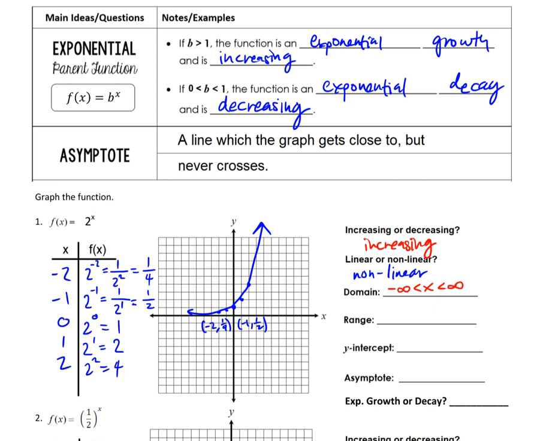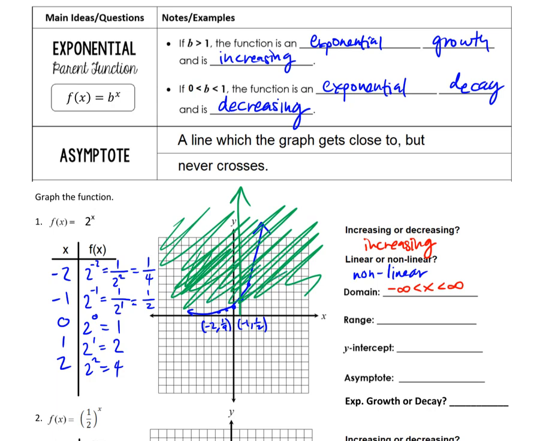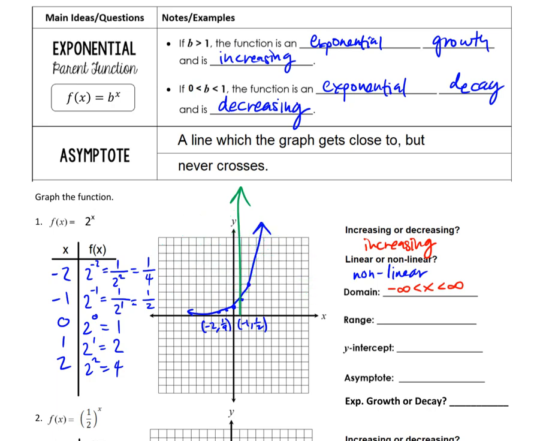So basically what that says is the y values are just going to exist in that region, if that makes sense. So if I were to just shade that for you, you can see right here, that's generally what's happening. Okay, so in other words, the range is going to be y values that are greater than 0. Or you could also write it like this if you wanted to. That's another way that you could write it.